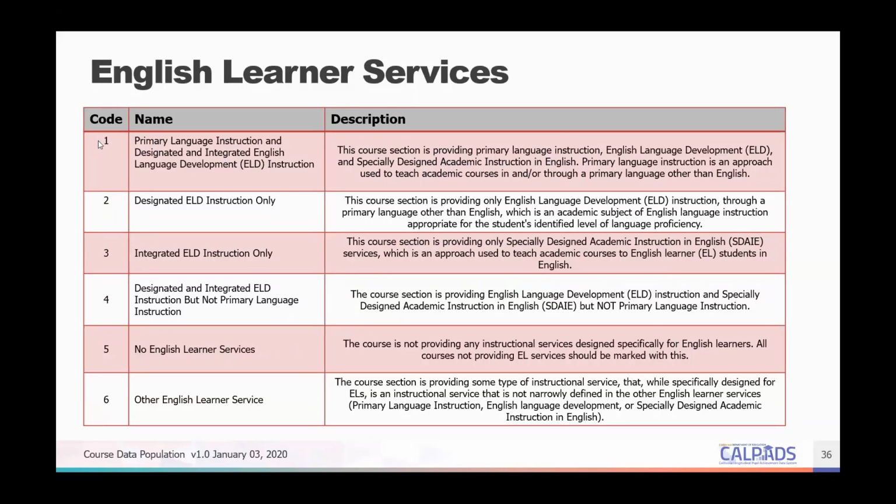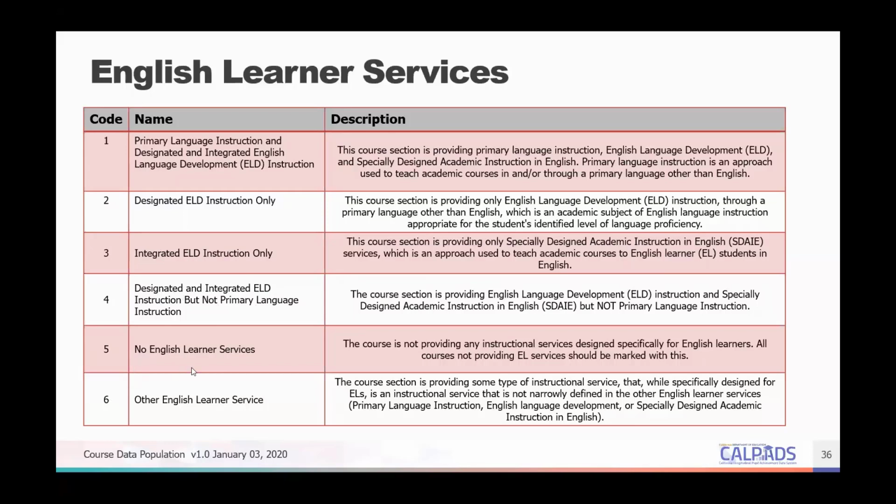That's why if you report code 1 in the education service code field, you have to tell us what the language of instruction is, because you're telling us it's not English, it's the student's primary language of instruction. Code 2 is designated ELD instruction only. Code 3 is integrated ELD instruction only. Code 4 is any combination of both designated and integrated ELD instruction, but not primary language of instruction, right?